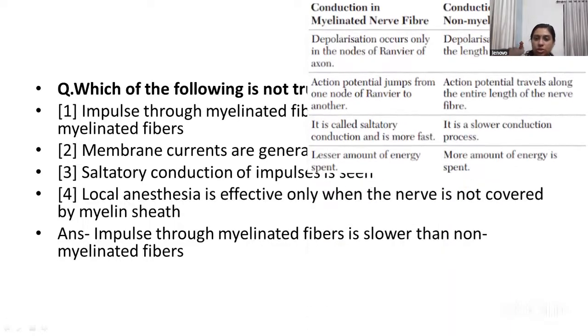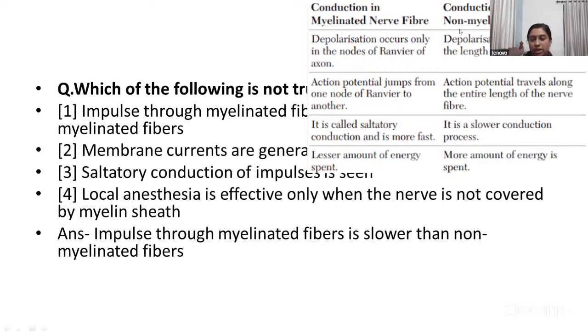These are the contrasts between myelinated and non-myelinated fibers. In myelinated nerve fibers, depolarization occurs only at the nodes of Ranvier. That's what we call saltatory conduction. In non-myelinated fibers, depolarization occurs along the whole length of the nerve fiber, so the transmission is slower.